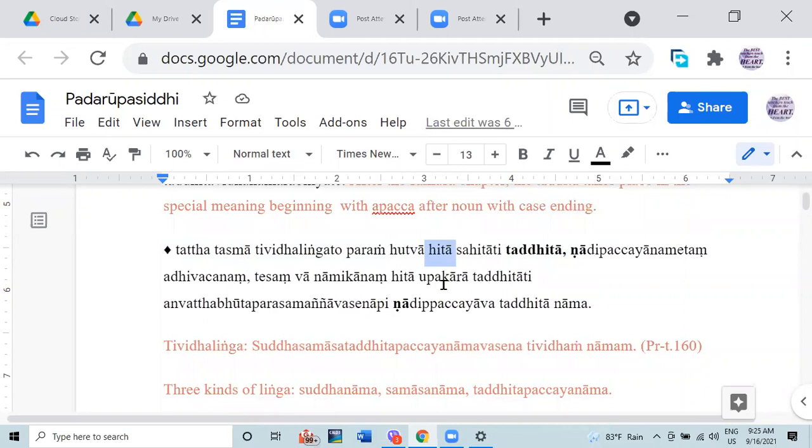Hida, we can say, benefits. Hita is again defined by Sahida. The Sahida is Bhuvismasa, like Sahidu, Sawitaka.